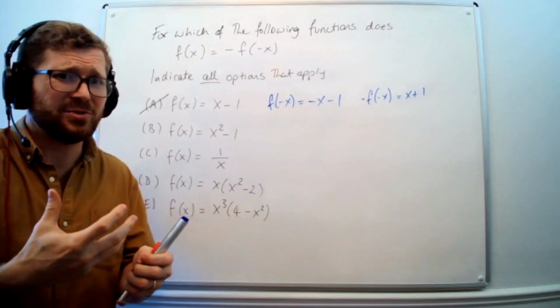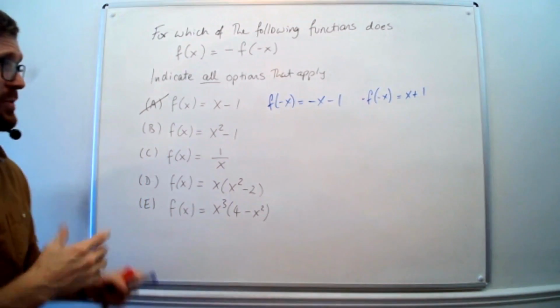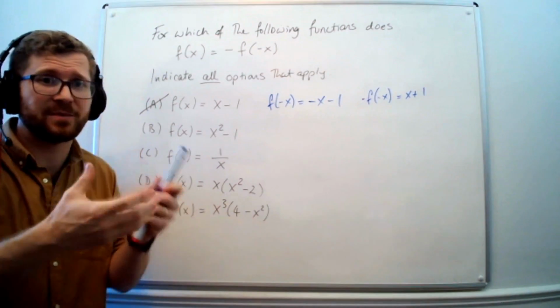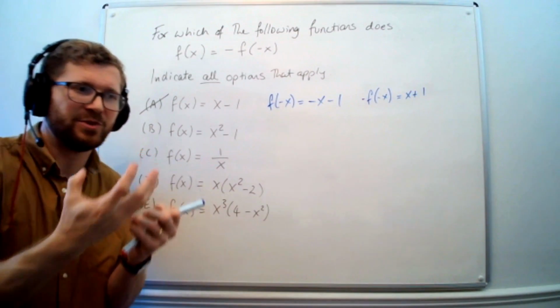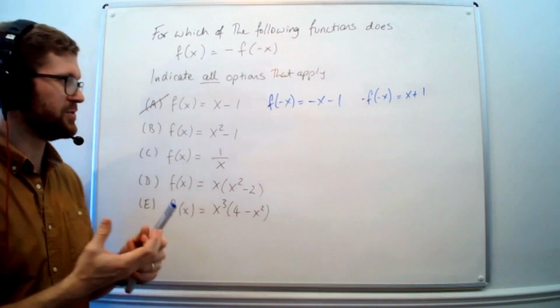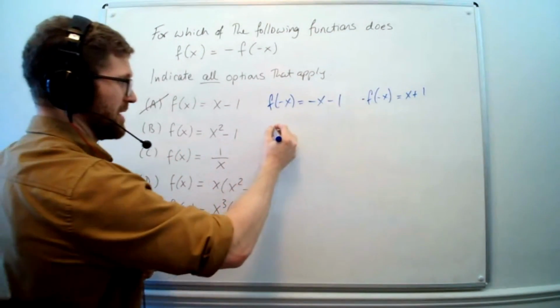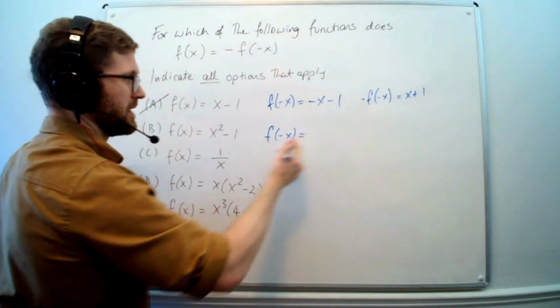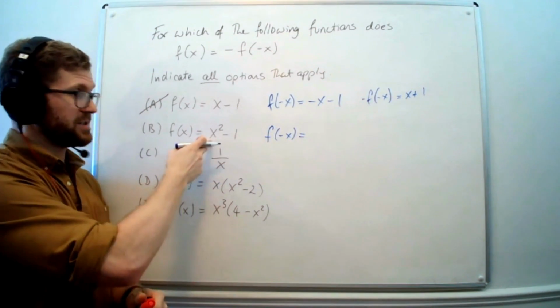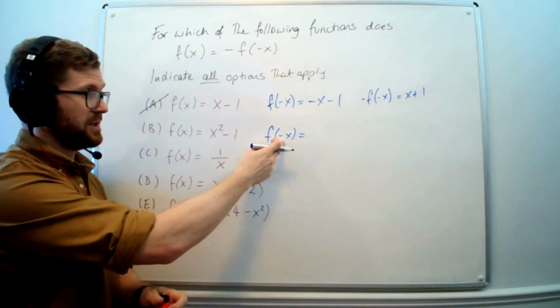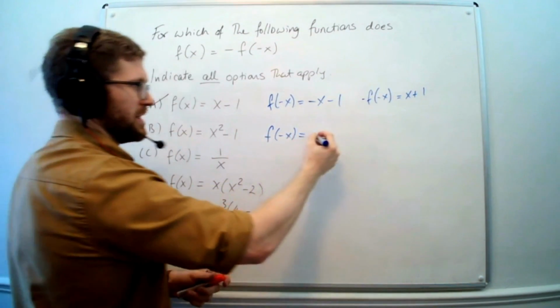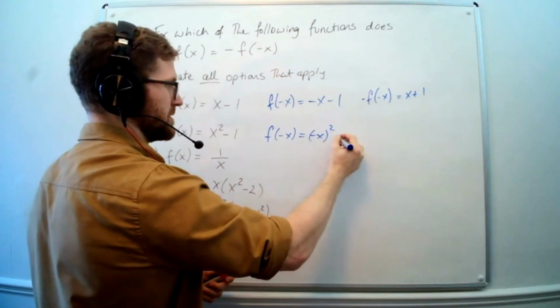And that's really what we've got to do here. We've just got to be as efficient as possible with how we go through this problem. And there's a couple of just not shortcuts, but rules of thumb we can use. And the first one's going to appear here. So f of negative x, again, I'm going to replace the x in the rule with negative x. So I would end up doing negative x squared minus 1.